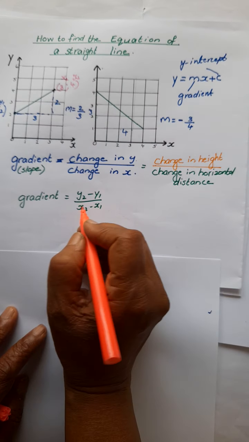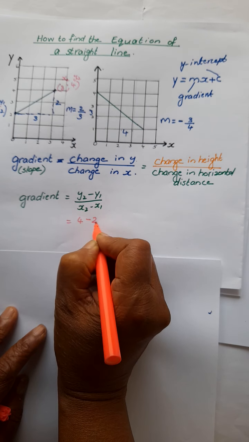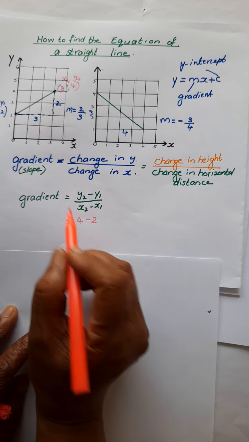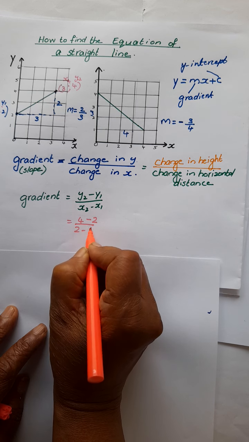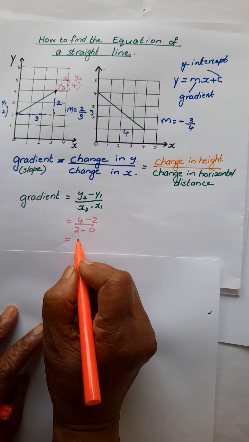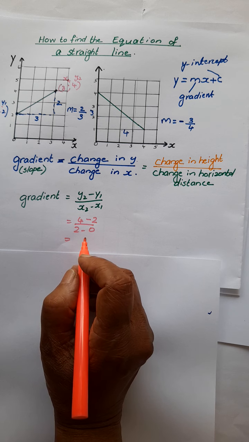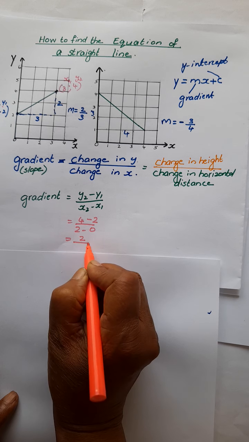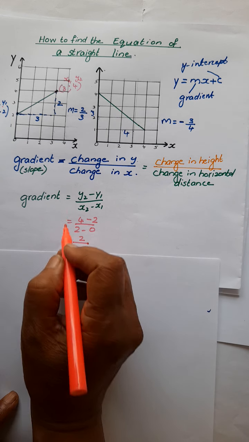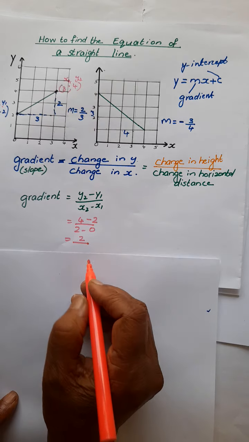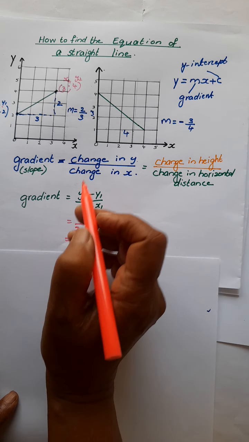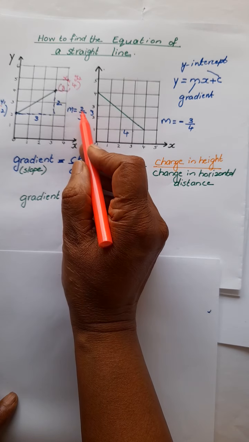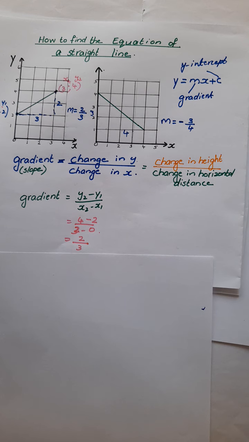So it will be 4 minus 2 over x2 minus x1, 3 minus 0. 4 minus 2 is 2. Sorry, this one is 3 here. So 3 minus 0 is 3. So we got the same answer as the other method.